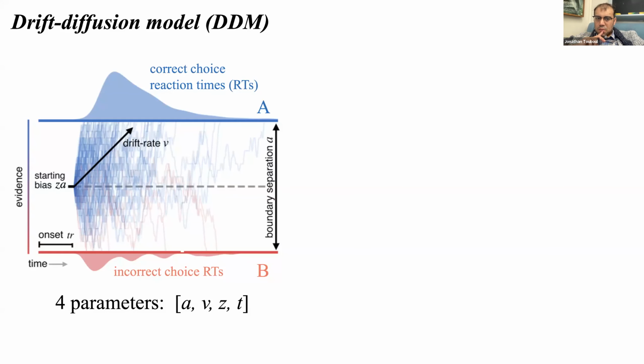But when I go here, what I'm going to do now is not necessarily start from optimal. I'm going to say I have the freedom to choose my drift rate, choose my bias, choose these four parameters.